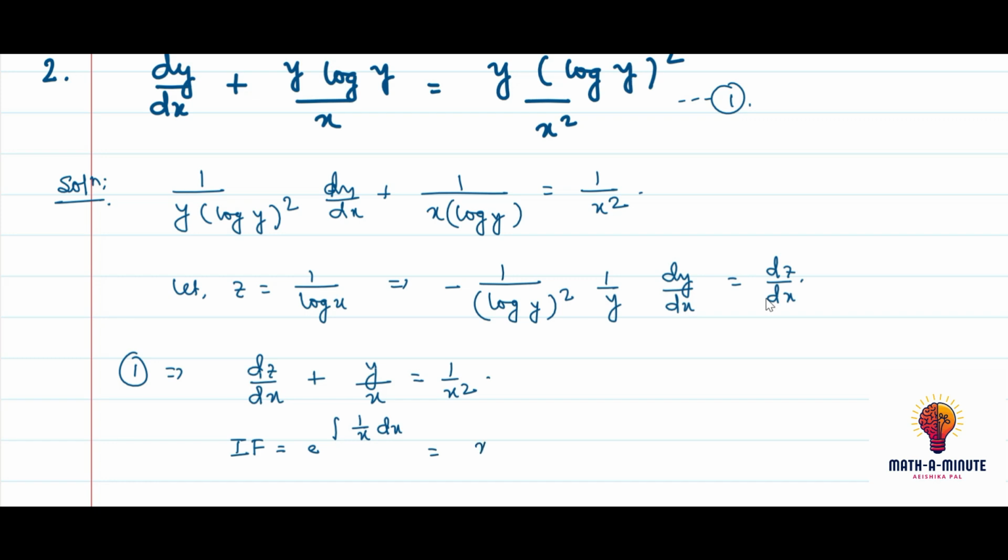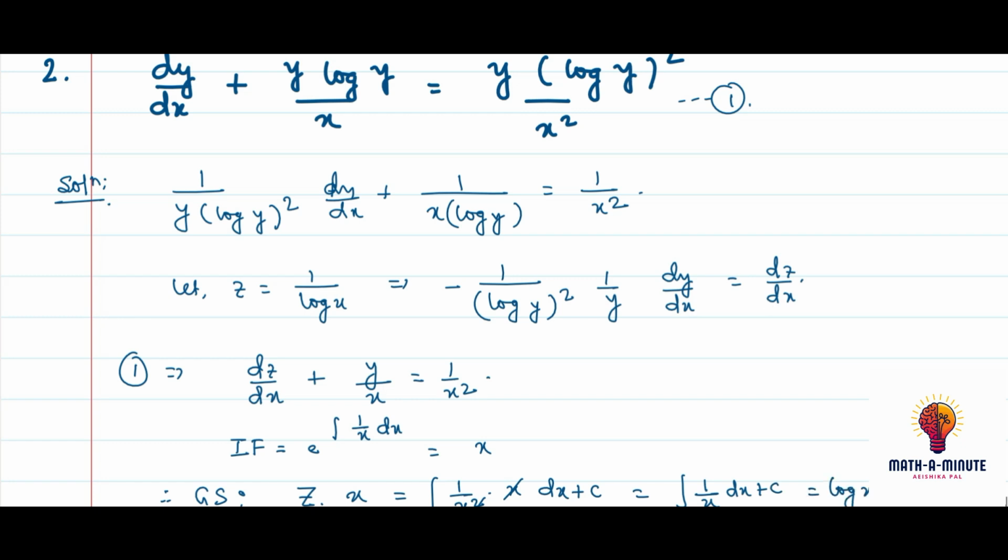Okay. So therefore, the general solution of the given differential equation will be z into integrating factor, means x, equals to integration q of x, which is 1 by x square into x dx plus c. Okay, 1 x will be cancelled out. So integration 1 by x dx plus c, this is equals to log of x plus c.